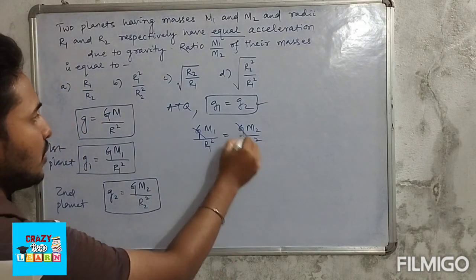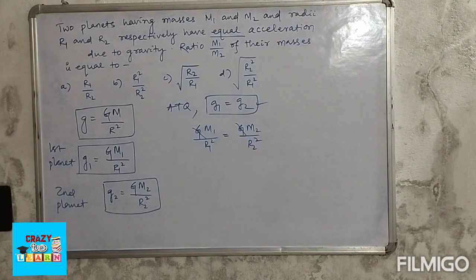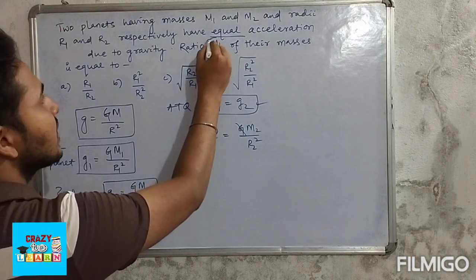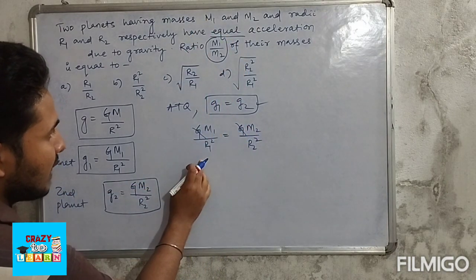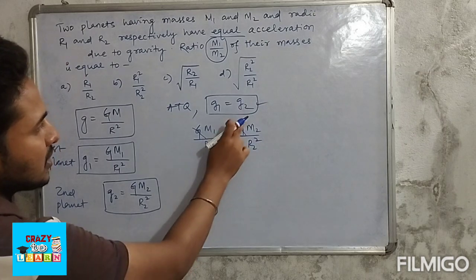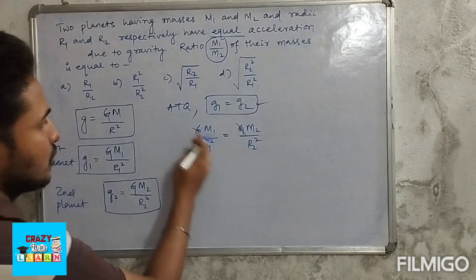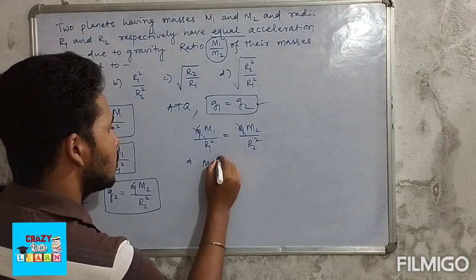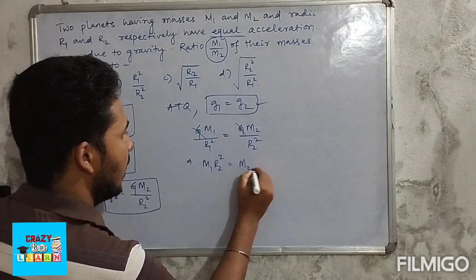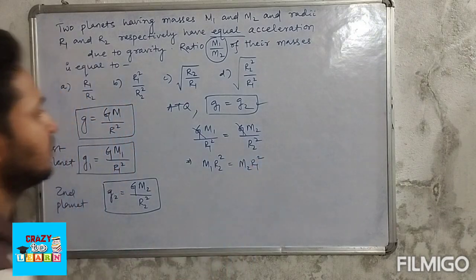G cancels from both sides. Now it is asked to find the ratio of m1 by m2. So by cross multiplication we get m1 r2 square is equal to m2 r1 square.